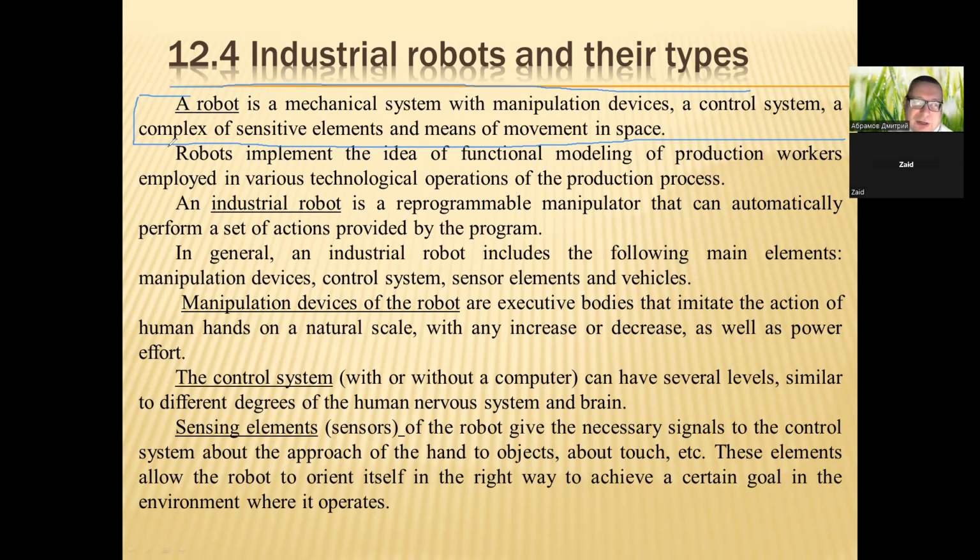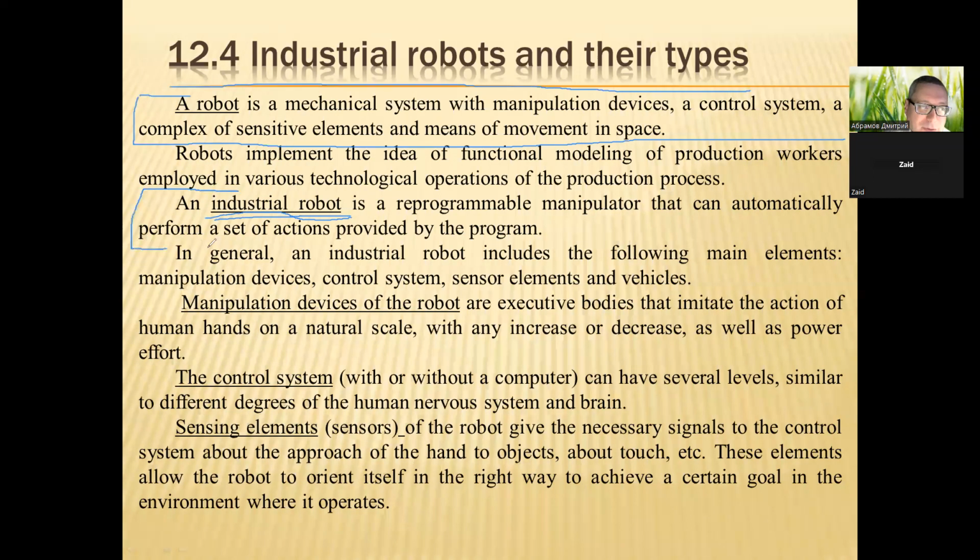An industrial robot. We use in mechanical engineering only industrial robots. An industrial robot is a reprogrammable manipulator that can automatically perform a set of actions provided by the program.